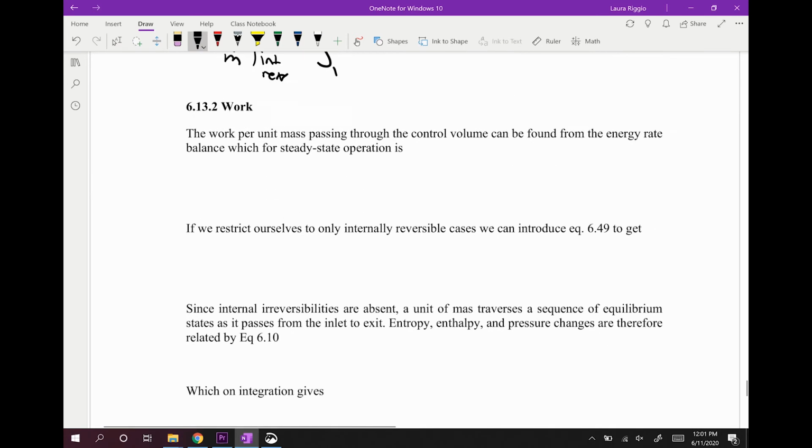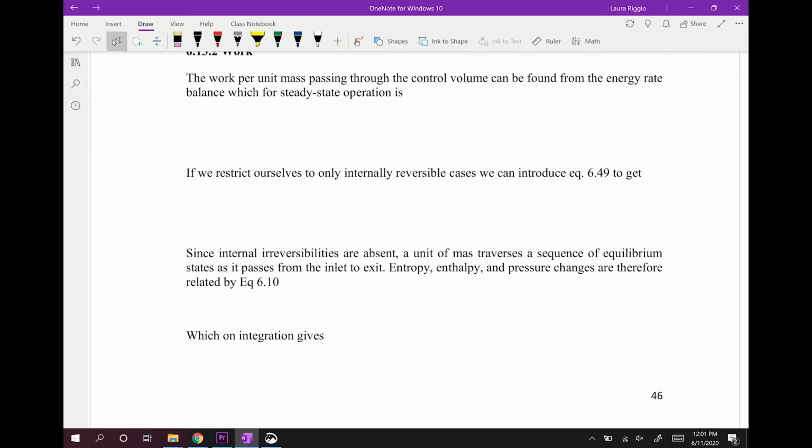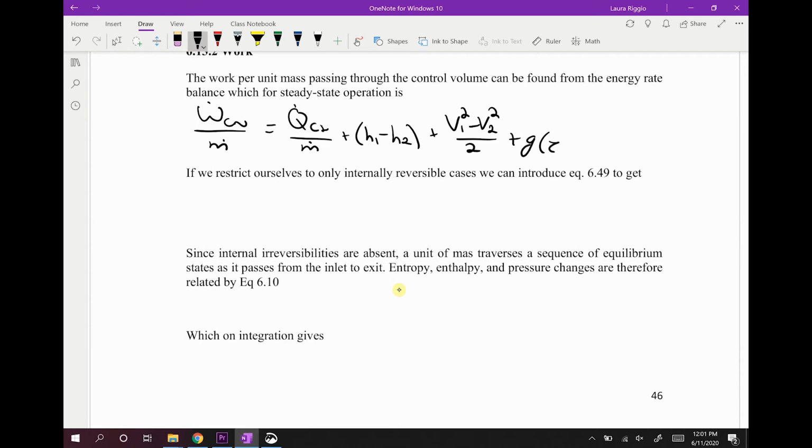If we look at work, the work per unit mass passing through the control volume can be found using our energy rate balance. So our work is equal to our heat transfer plus our change in enthalpy plus our change in kinetic plus our change in potential.